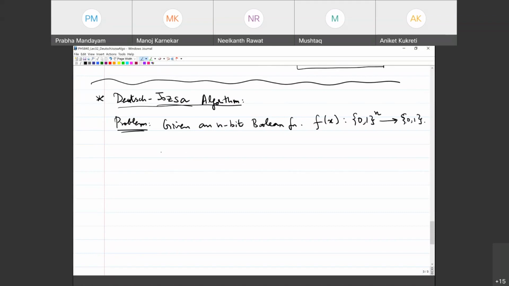So the input is an n-bit string, but of course a Boolean function always has a binary output, right? So the output is 0 or 1. And now you are given a promise, okay, that this function is either constant or balanced.